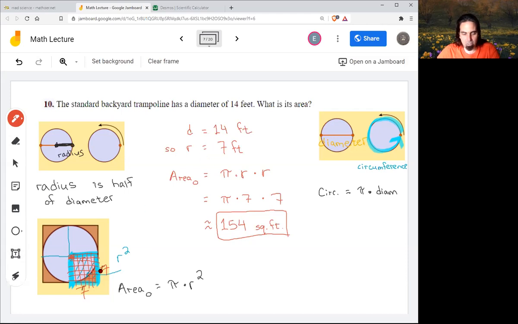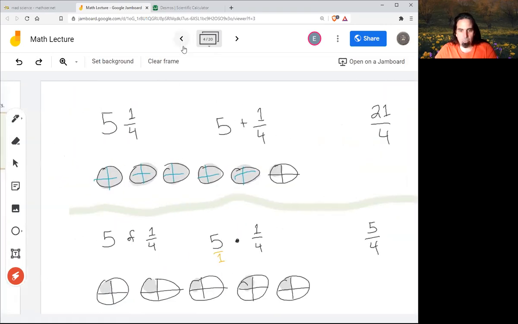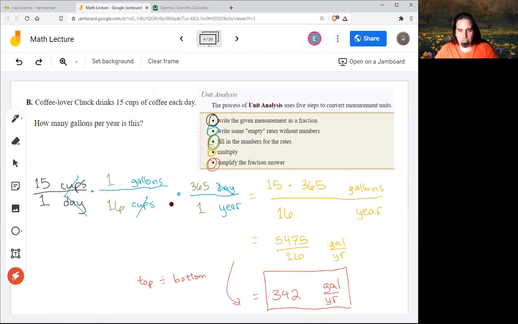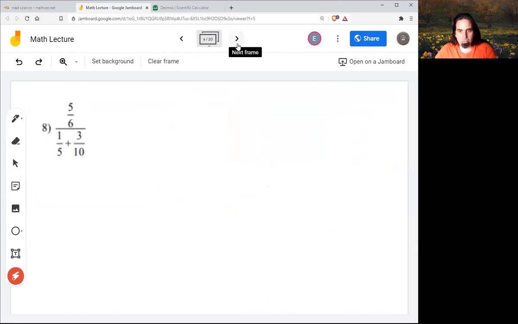Radius was 7, we decided. So how many squares this size does it take to cover my circle? 154 of them.